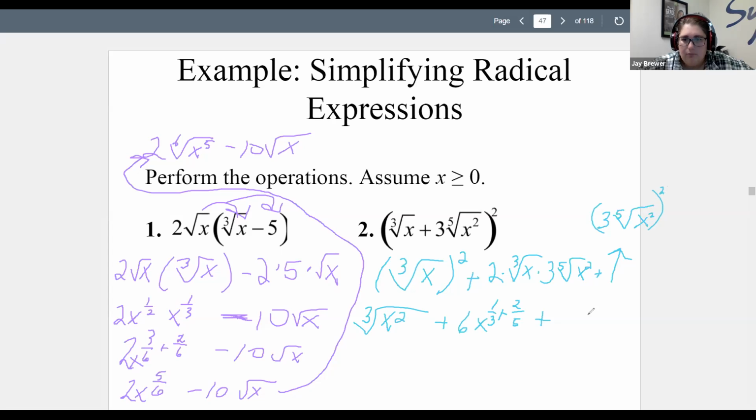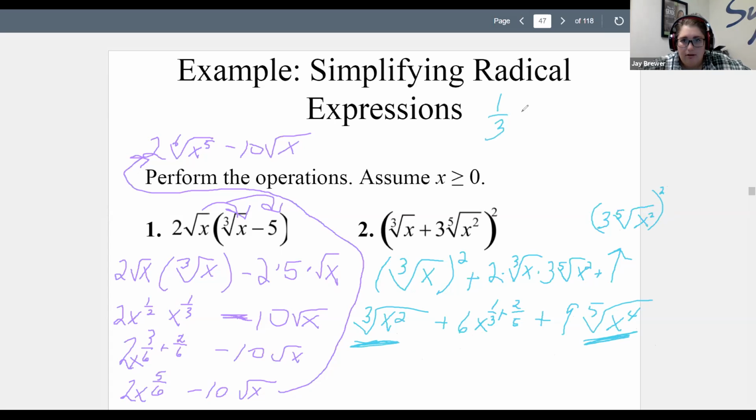And then for the last part, we're going to get 9, it's 3 squared. And then we have to take and bring the 2 in with the squared term. So it'll be the 5th root of x to the 4th. Again, if you want to prove these two to yourself by practicing with your exponent rules, you may certainly do so. I'm just trying to simplify our process.